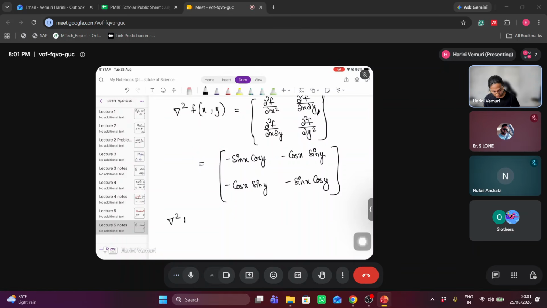Then del square f of pi by 2 comma 0. When we substitute that, it's minus sine pi by 2 cos 0, minus cos pi by 2 sine 0, minus cos pi by 2 sine 0, minus sine pi by 2 cos 0.